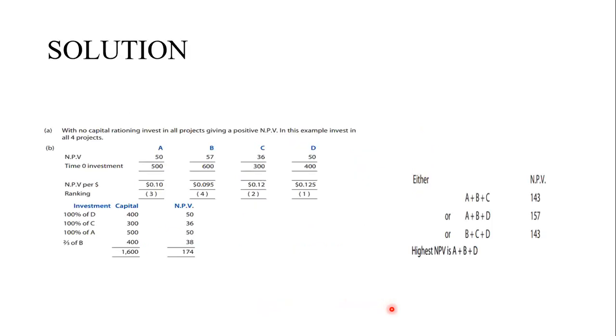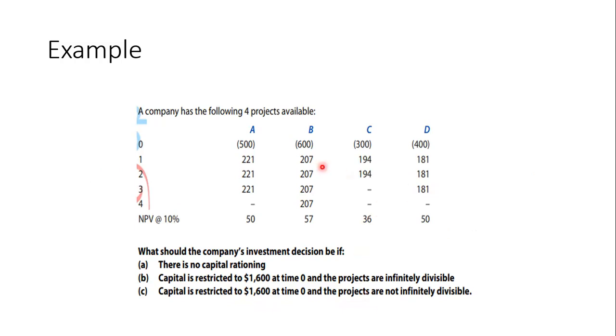Obviously, A, if there's no capital rationing, then of course, there's no limit to the amount of money that is available. So the company should go for all of them because all the investments are giving us positive NPV. So they should go and undertake all of them.